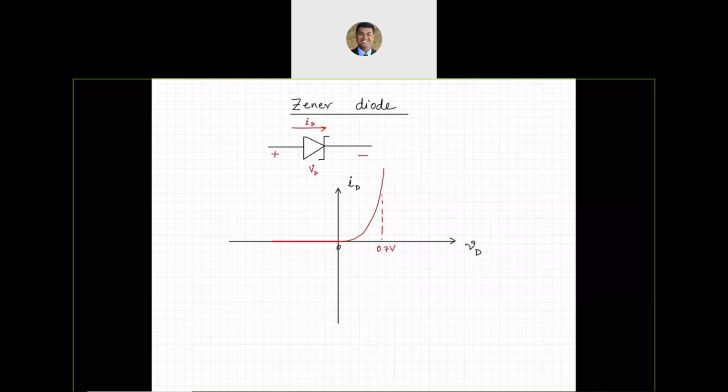So if I can sketch that, it is going to happen around negative Vz, because now it's in the negative region. What does that mean? That means that this Vz is actually the Zener voltage.